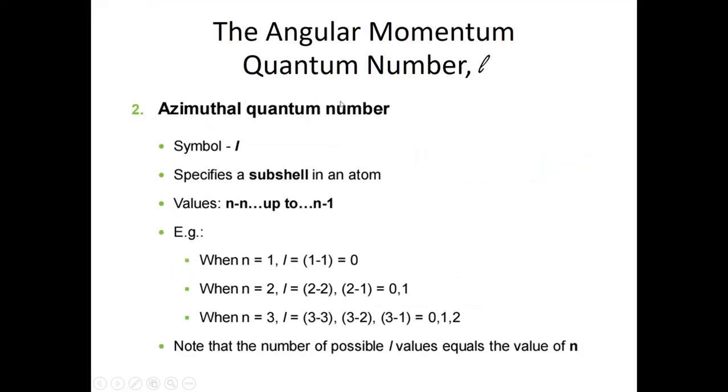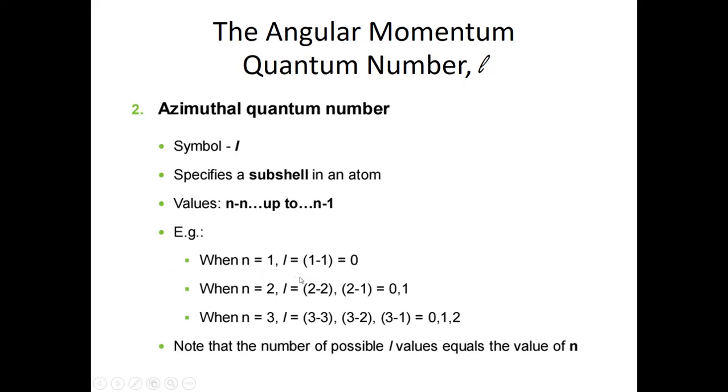And the angular momentum quantum number, or we call L, is referring to the azimuthal quantum number. This is the symbol, and it specifies a subshell in an atom. Maksudnya kat situ, dekat N equal to 1, yang petala paling dekat dengan nucleus tu, dia ada subshell dia, subpetala, subshell.